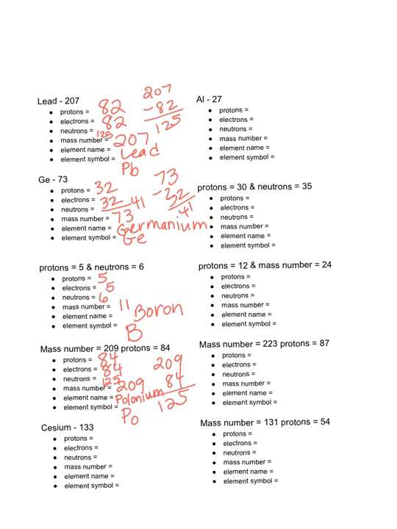Next element I'm given is cesium, cesium 133. So that 133 is the mass number. The element name given is cesium. And if I don't know the symbol, that's fine. I use my periodic table. I find it's in the first column, and I scroll down, and it's capital C, lowercase s.